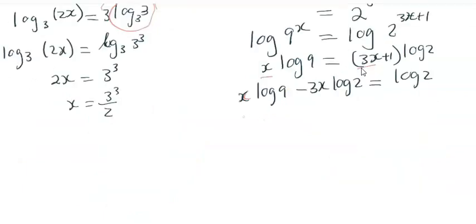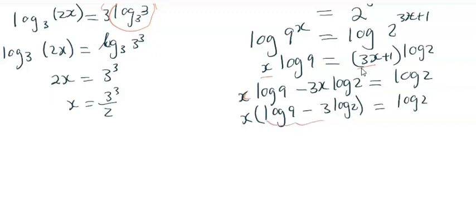If I factorize on the left hand side, I get x times log 9 minus 3 log 2 equal to log 2. And this is just a number. So I divide by this log 9 minus 3 log 2, so I get x equal to log of 2 divided by log of 9 minus 3 log of 2.